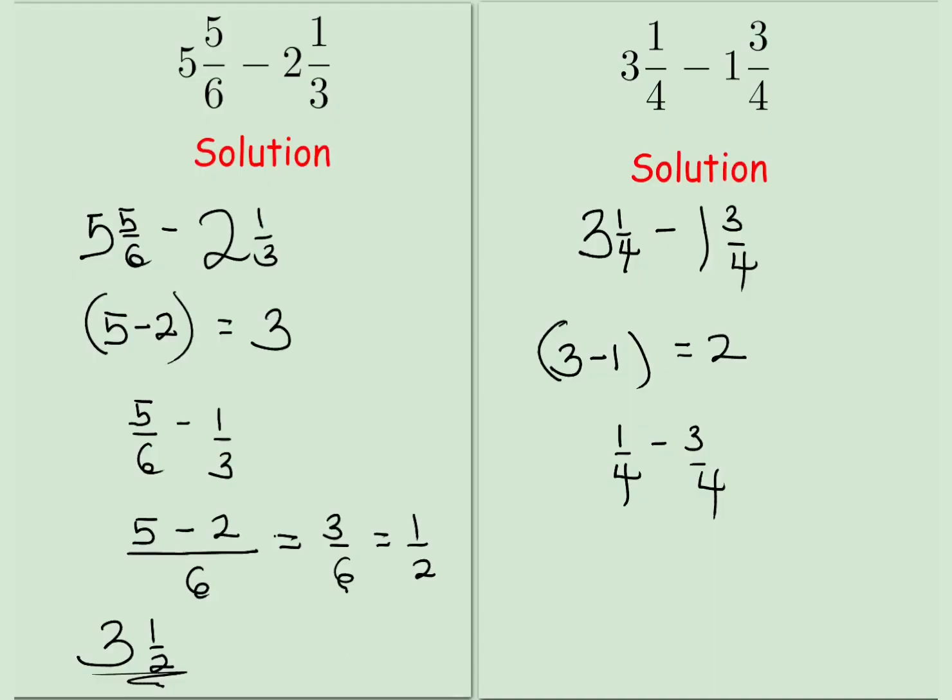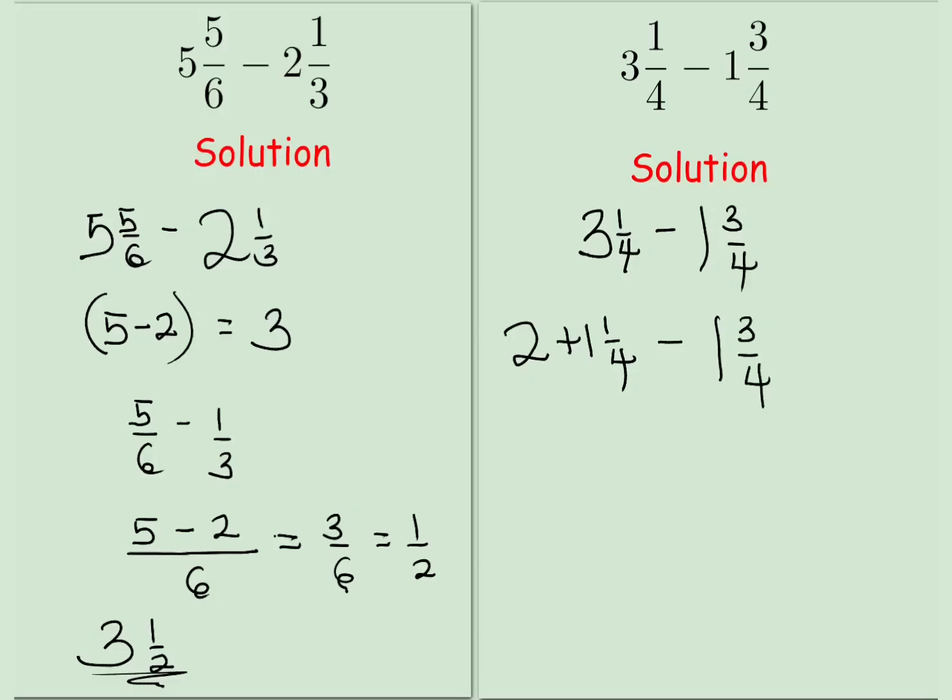So what you actually do from the start is, instead of your 3 whole number 1/4, we can write it as a 2 whole, so there's a 2 plus 1 whole number 1/4, then minus 1 whole number 3/4.